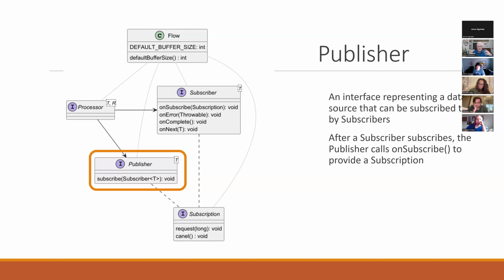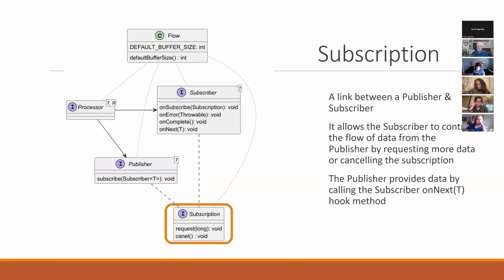For the interaction between the publisher and subscriber, I'm going to get a subscribe message for the publisher, and then I'm going to create a subscription that then becomes the interaction between the subscriber and the publisher. So this decouples the publisher and subscriber from each other, and this is how the interaction is going to go through the subscription. Okay. Now this is specific for a reactive API that we're talking about.